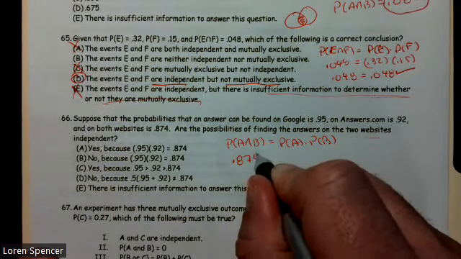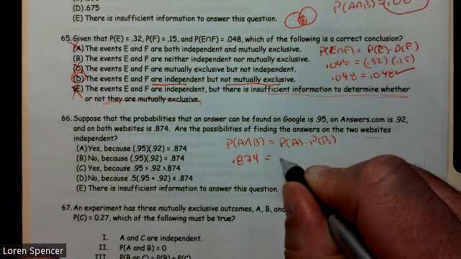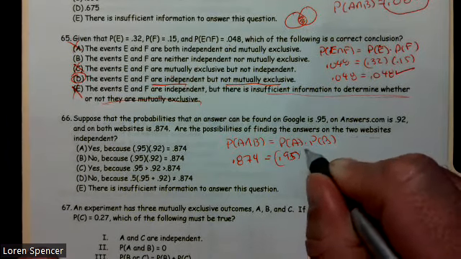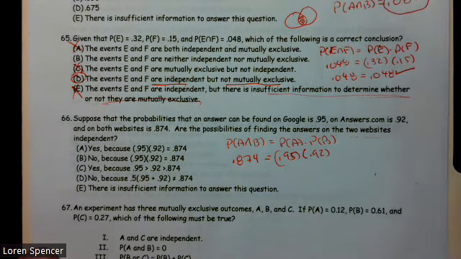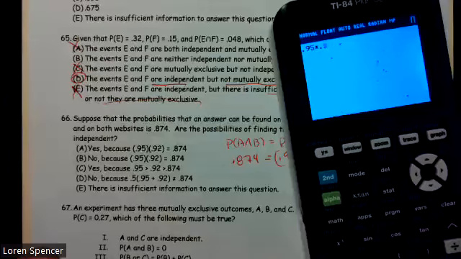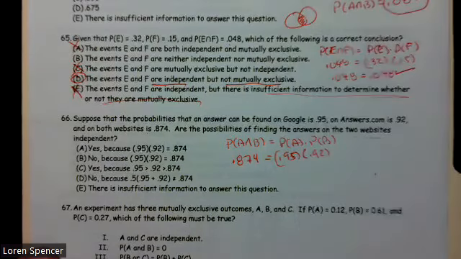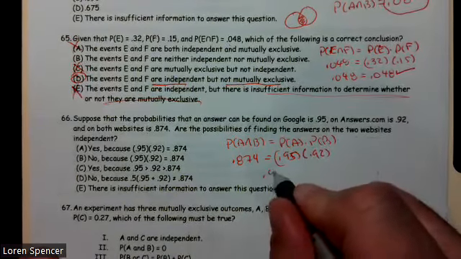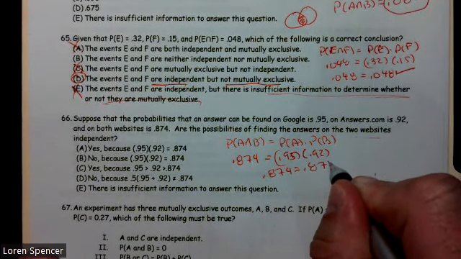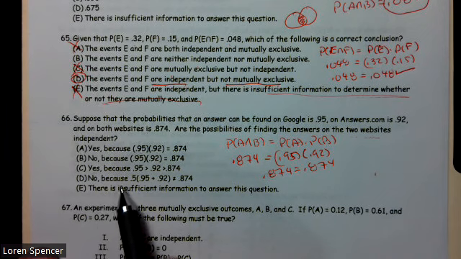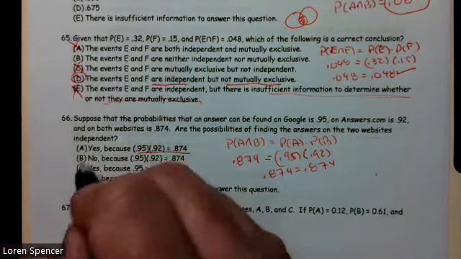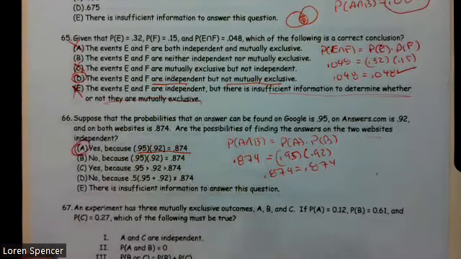That's my overlap. And does that equal 0.95 times 0.92? Well, let's find out. 0.95 times 0.92 does equal 0.874. Because they are equal, they are independent. All right. So yes, because that's a true statement.